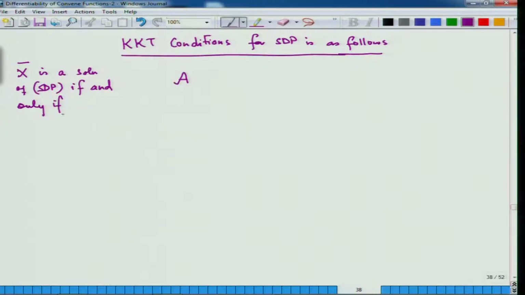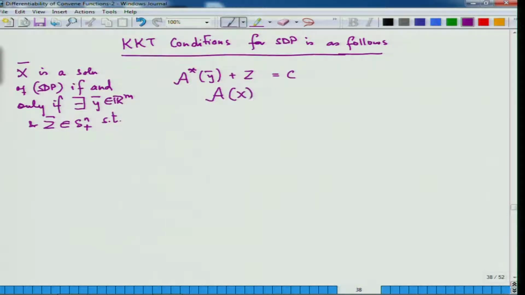X bar is a solution of SDP if and only if there exist y bar element of Rm and z bar element of Sn plus such that A star y bar plus z bar is equal to C, A of x bar is equal to b, and x bar z bar is equal to 0.